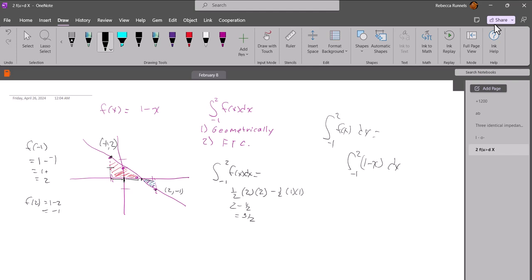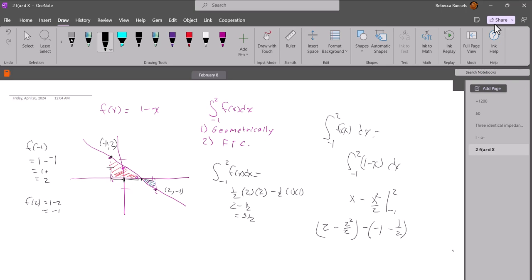So the antiderivative of 1 is x, minus antiderivative of x is x squared over 2, from -1 to 2. So first I'll plug 2 in, so it'll be 2 minus 2 squared over 2. And then I'll plug in -1, so it's minus, and then -1 minus -1 squared is +1, minus 1/2.